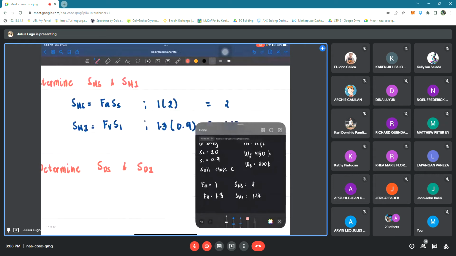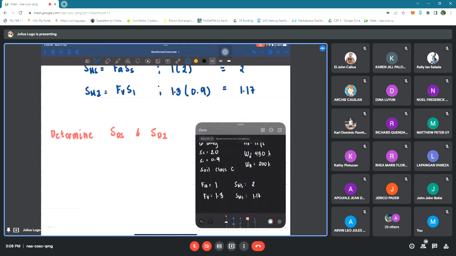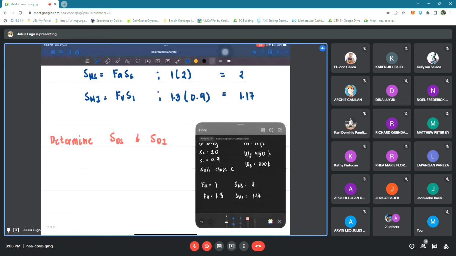Okay, SDS and SD1. So we have as well on your photocopies or on your week 10 copy, a formula for SDS and SD1, and that's just equal to the 2/3 of your SMS and SM1 respectively.